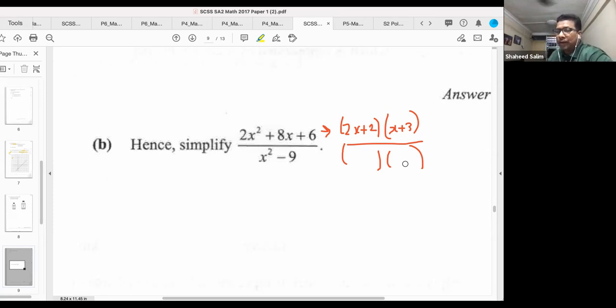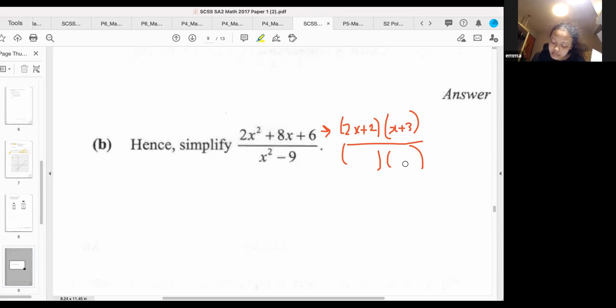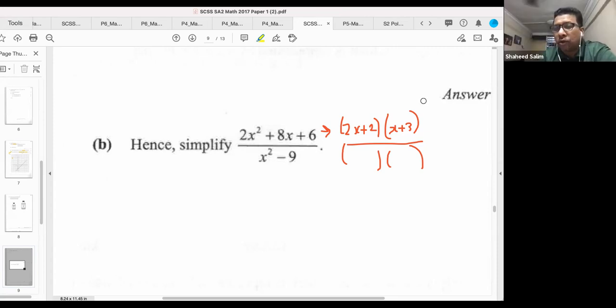Can you cancel any of them? x plus 3, so you cancel this one, right? 2x plus 2 over x minus 3, lah.